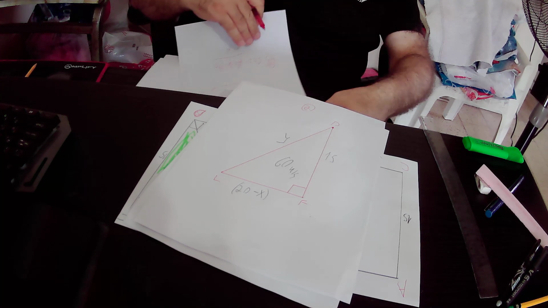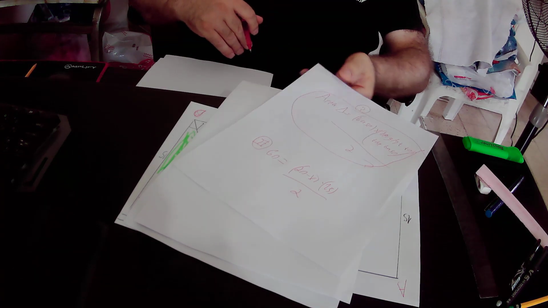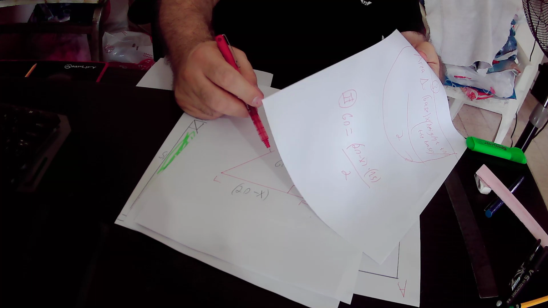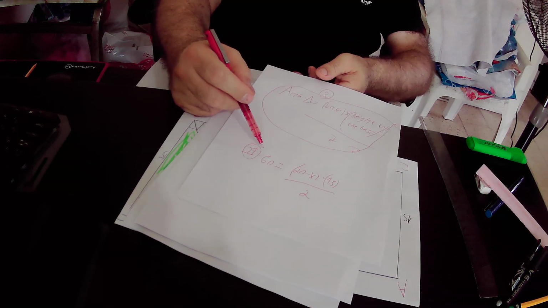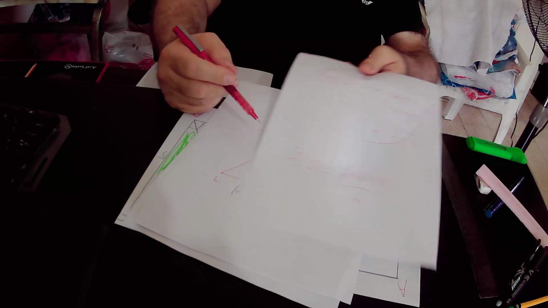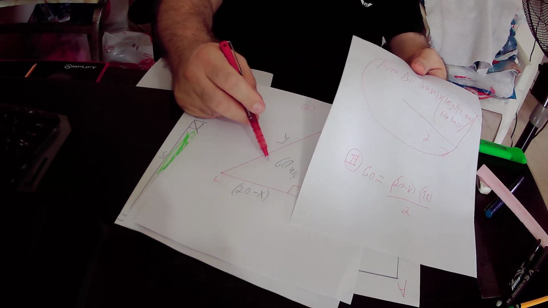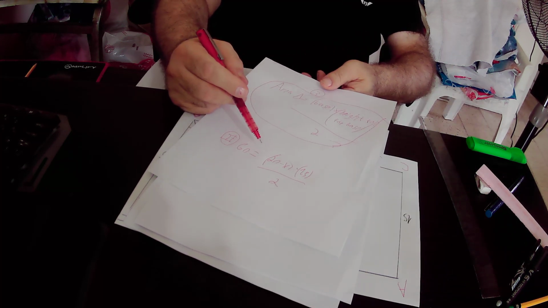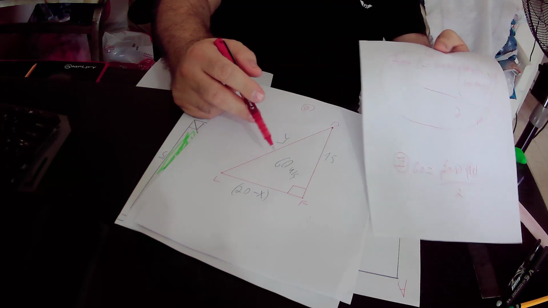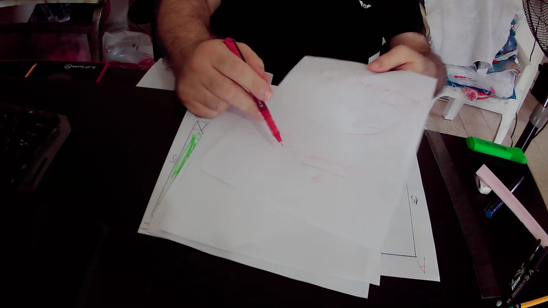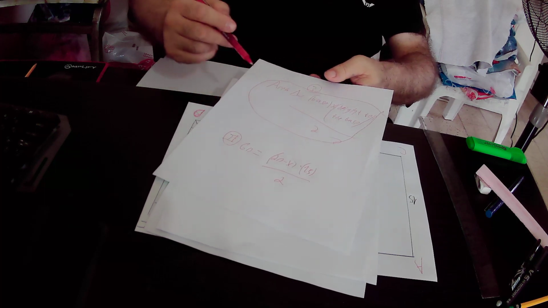So we know that the area of this right green triangle equals 60 units, and it equals the base of the triangle, that is 20 minus x, times the height to the base, that is 15, over 2.